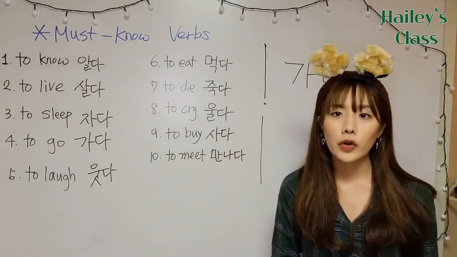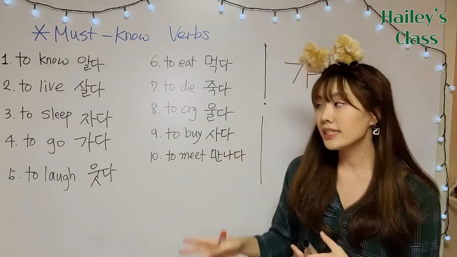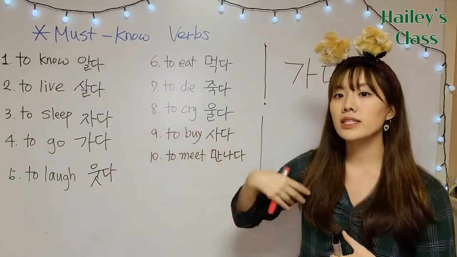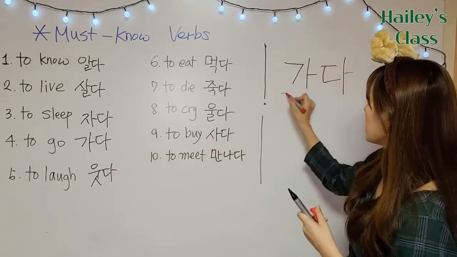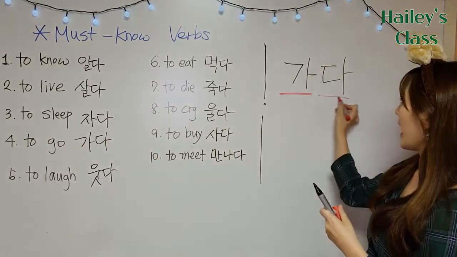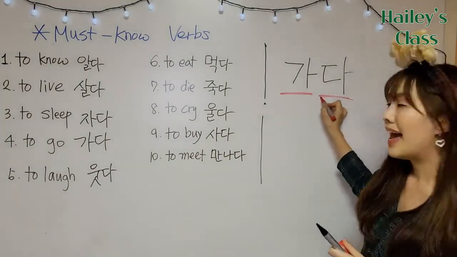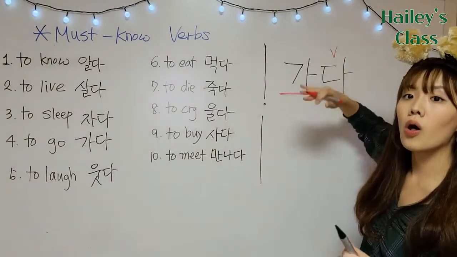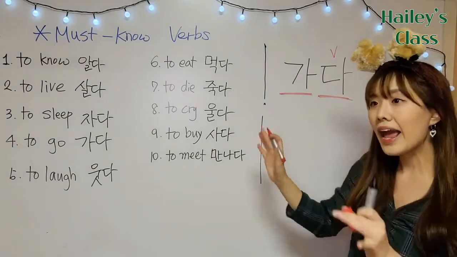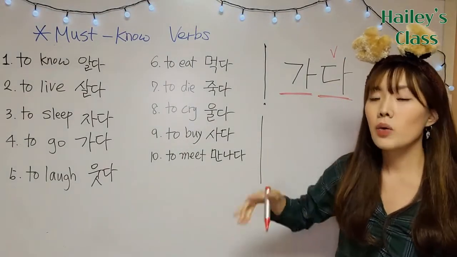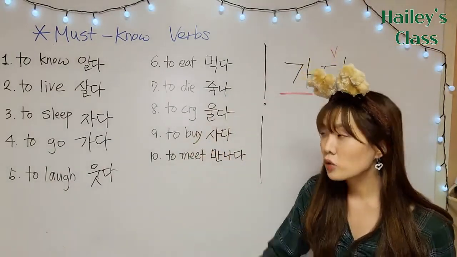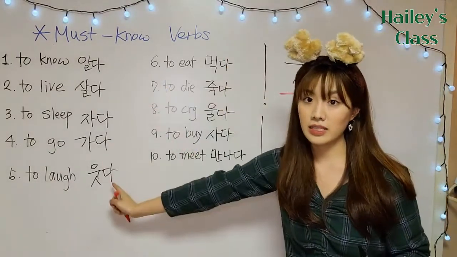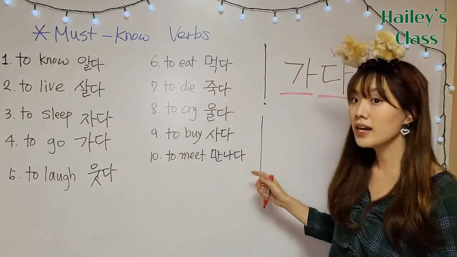When you see the verbs and adjectives all together, there is this part and the 다 part. All of them have 다. Adjectives and verbs finish with 다.